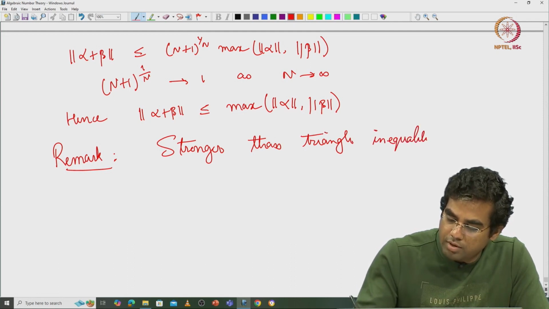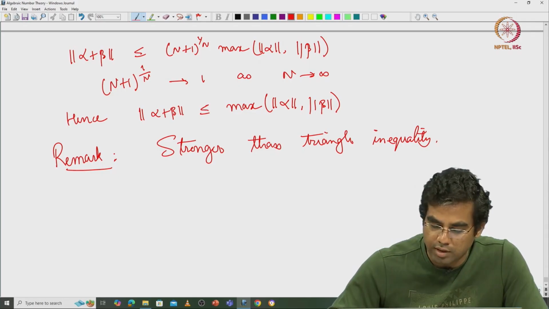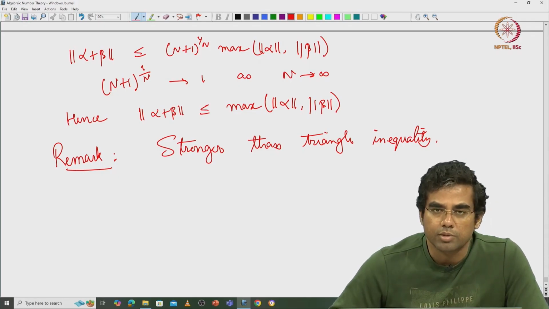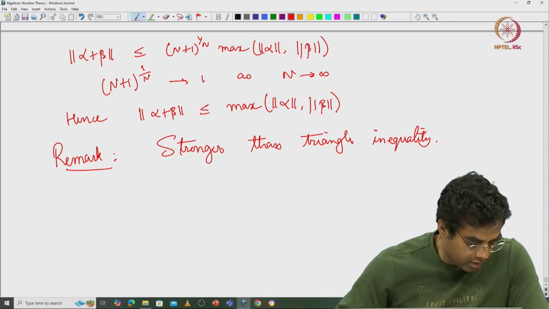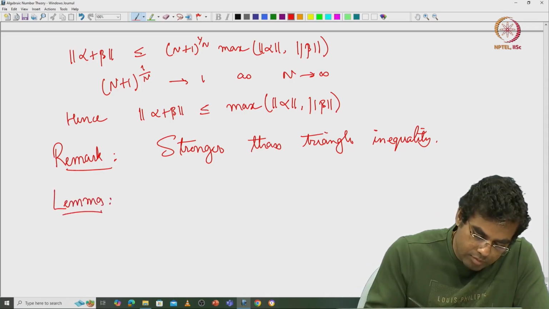So, you start with triangle inequality plus the assumption that your valuation is non-Archimedean, and you get something stronger than triangle inequality. Now, here is a small lemma.